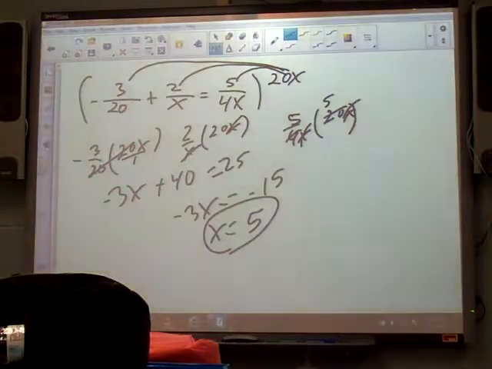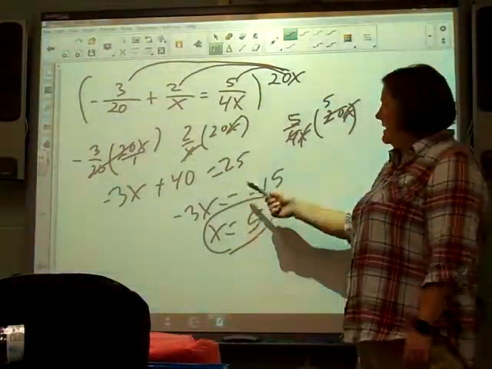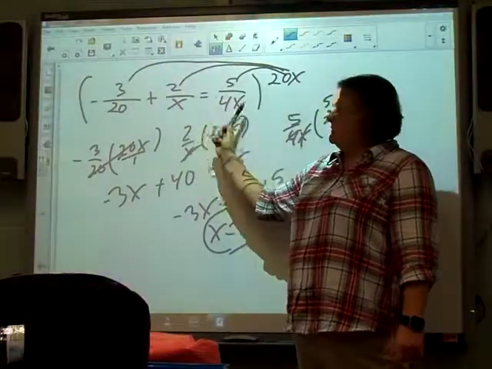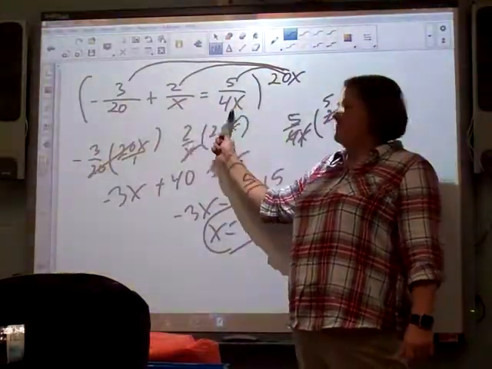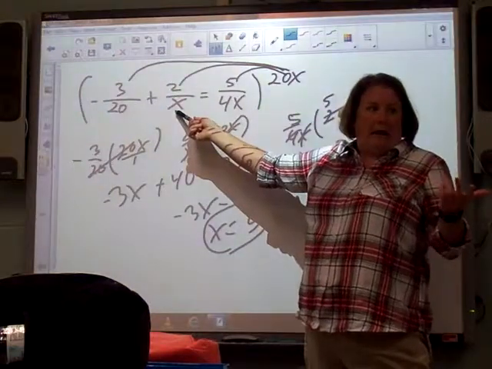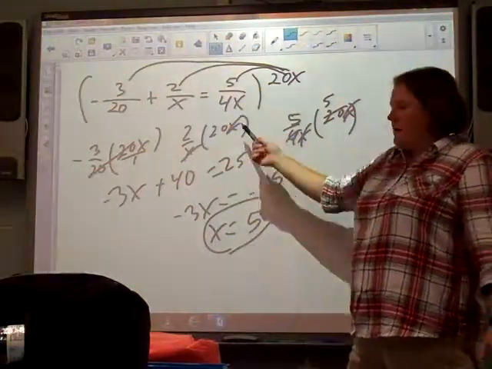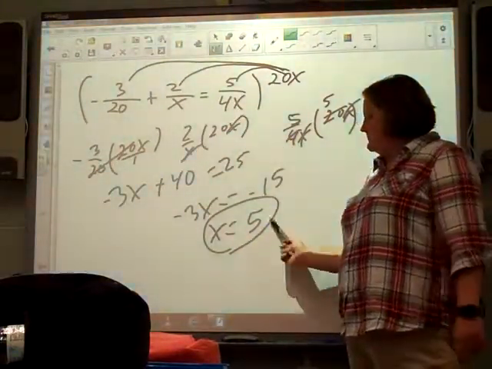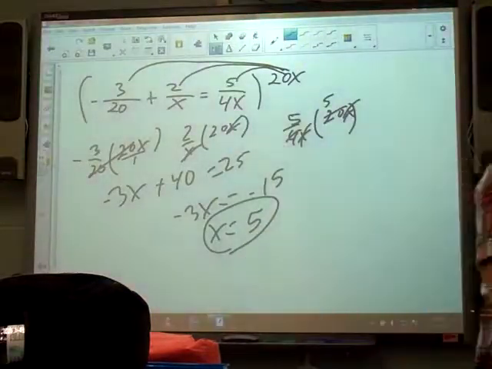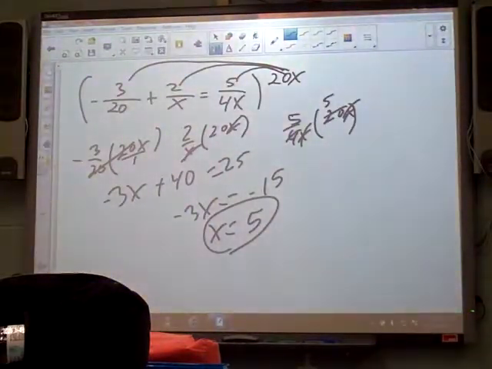With fractions, you can't have a 0 on the bottom. So if I were to plug a 5 back in here, would that make either of these a 0 on the bottom? No. That one would be 20. That's okay. So that is your answer. Find the common denominator, multiply the whole equation by that, cancel it out.